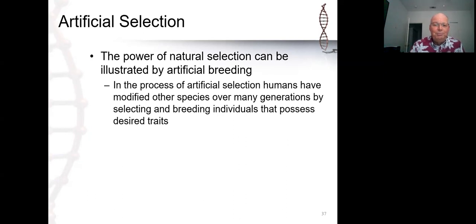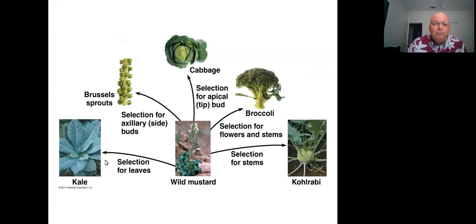All of the fancy pigeons, the racing pigeons and different types of pigeons, were bred by selective breeding out of these rock doves. So he was familiar with artificial selection and the short amount of time necessary to change the phenotypic makeup of organisms.